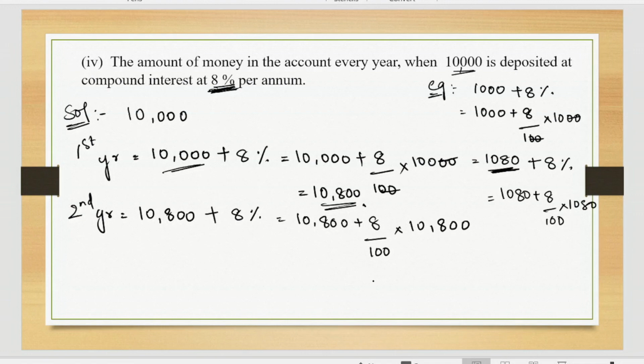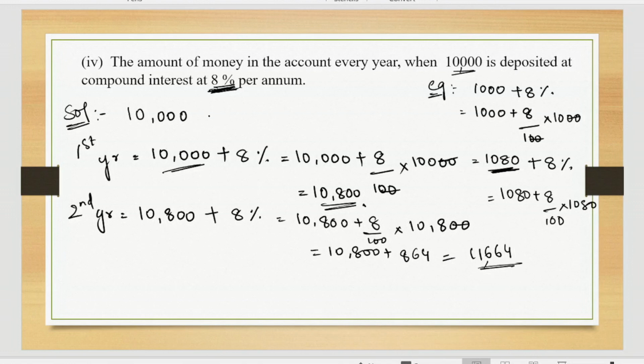Okay. So this is 10,800 plus 864, 8 ones are 8. Clear? Now when you add them, you will get 11,664 as the new amount which is in the bank.